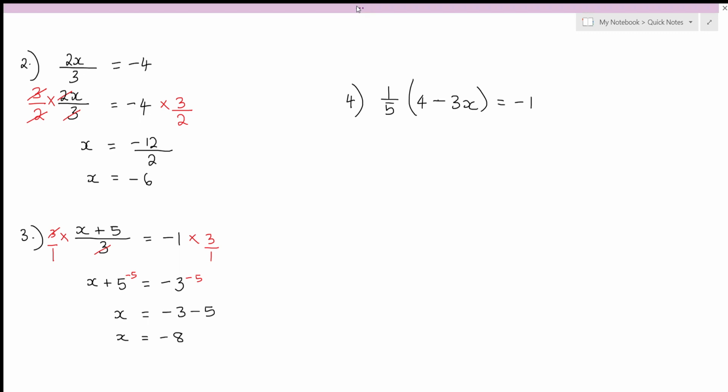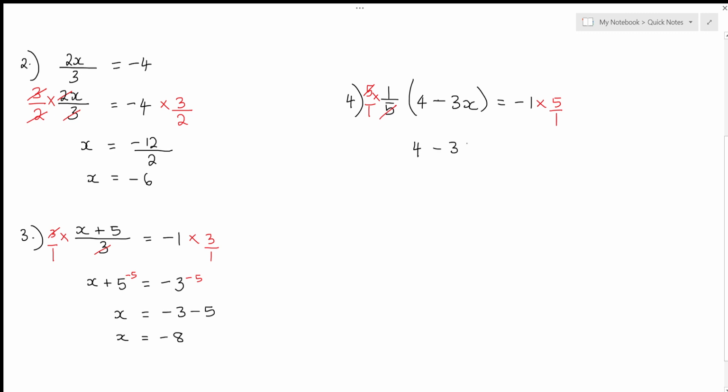The quickest and the easiest way is to multiply the left-hand side by 5/1 and therefore multiply the right-hand side by 5/1. And this 5 will go into 5 ones and ones. And we are left with 1 times 4 minus 3x, which is just 4 minus 3x equal to, and now we've got -1 times 5, which will give me -5.